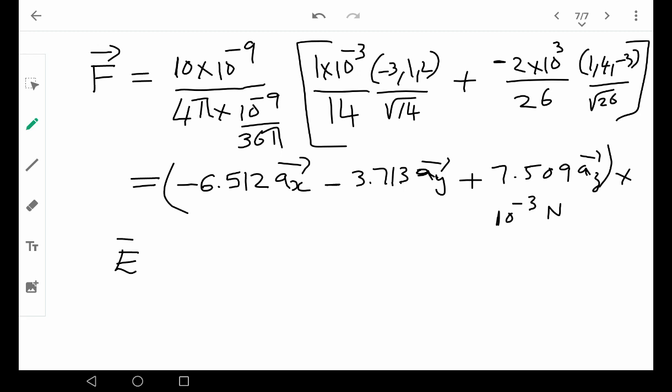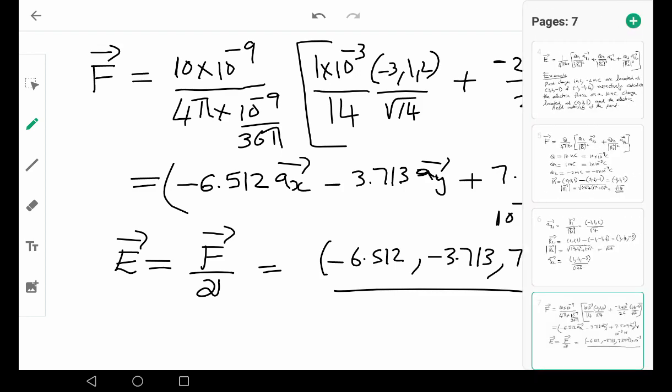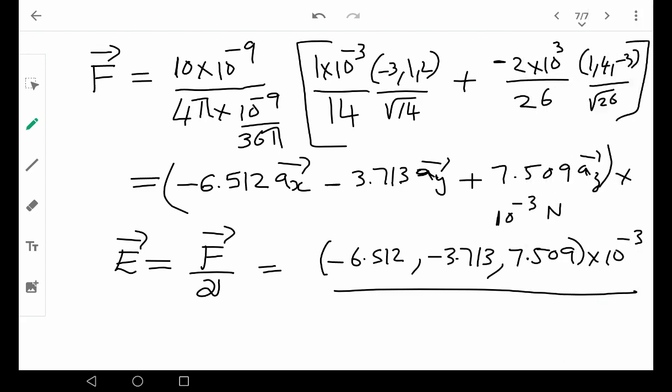Electric field is given by E equal to force divided by charge. So you can divide minus 6.512, minus 3.713, 7.509 into 10 raised to minus 3 by Q. What is Q? Q is 10 nanocoulomb, right? So you can divide by 10 into 10 raised to minus 9.